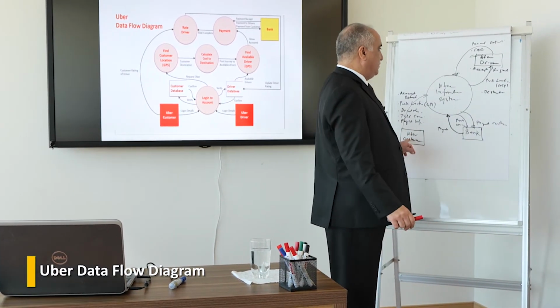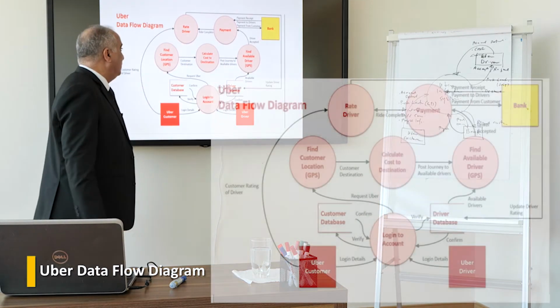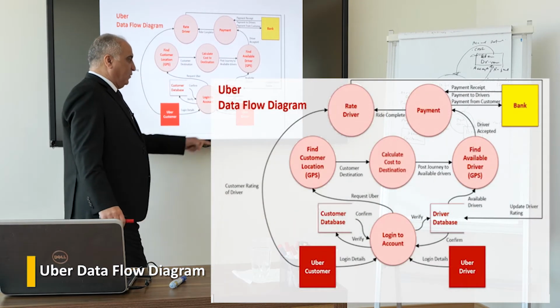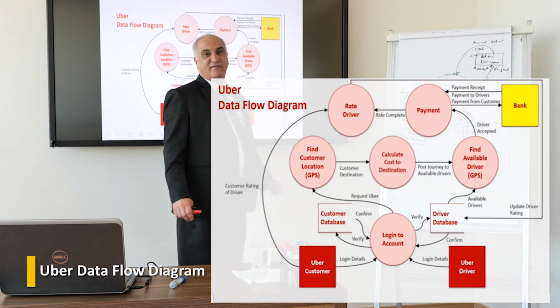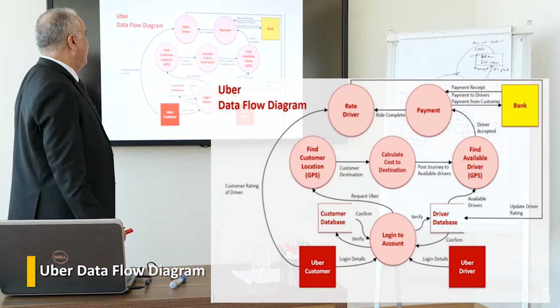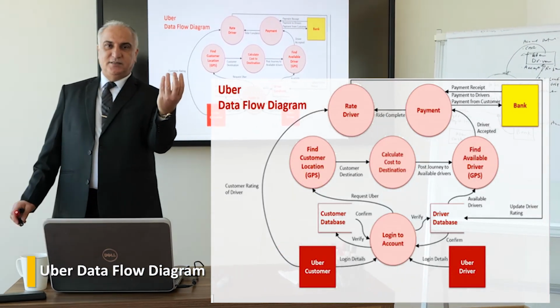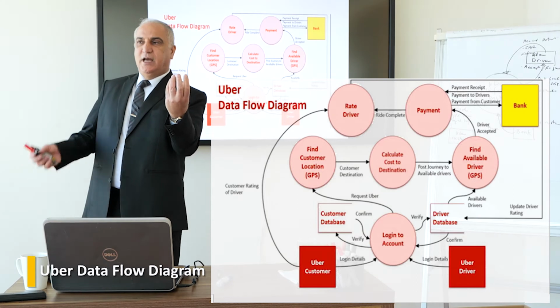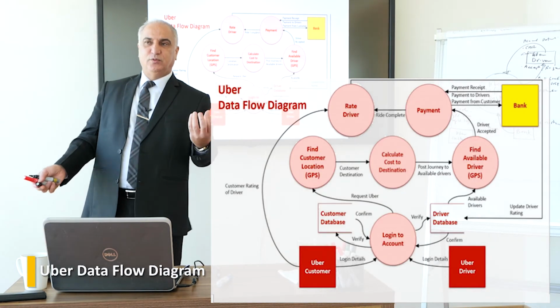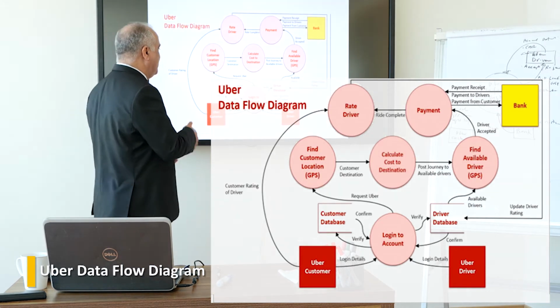We have a customer, a driver, and a bank. Same external entities. In other words, we already defined this information system, which is Uber's, interacting with the outside world with those three entities. So let's understand this diagram.